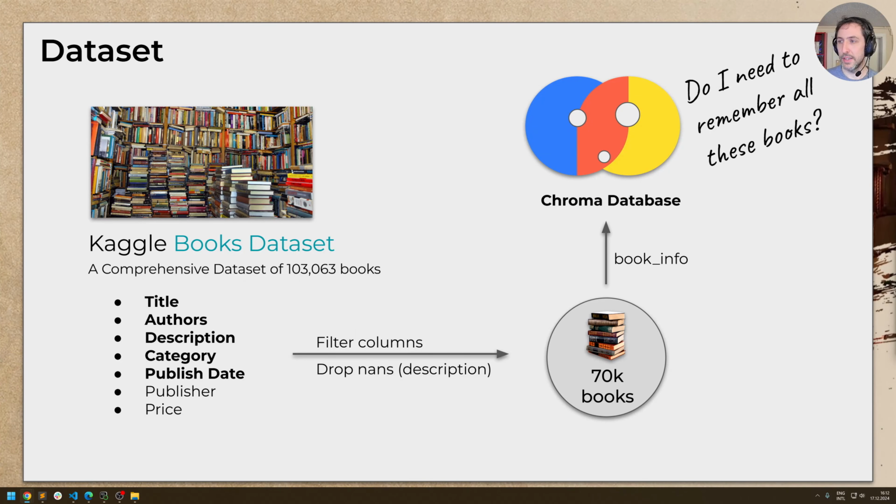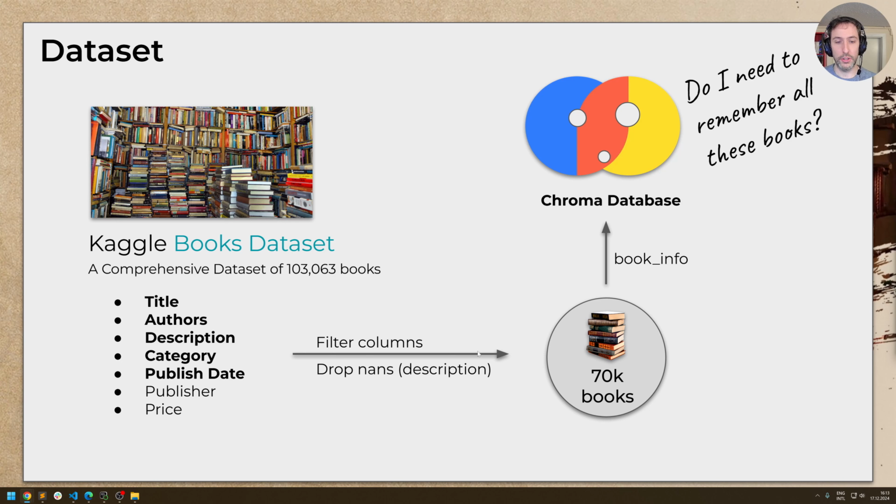The book data set is providing information about title, author, description, category, published date, publisher, price for the 100,000 books. I dropped the last two columns that are of no interest to me at the moment. I simply want to discuss books and books content, not publisher price.